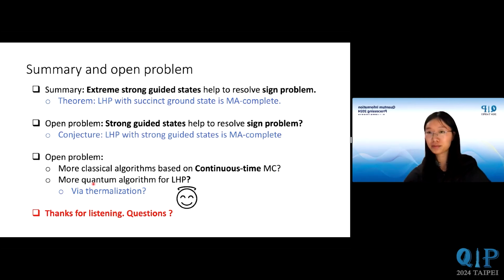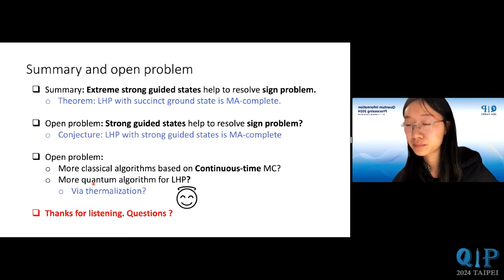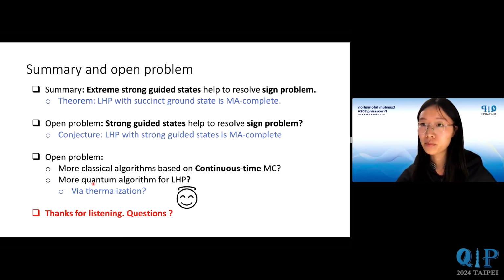My question is really quick. Can you just redefine the entry-wise overlap with the ground state for the strong guided states? Can you clarify what you mean by that? I just didn't fully understand that.